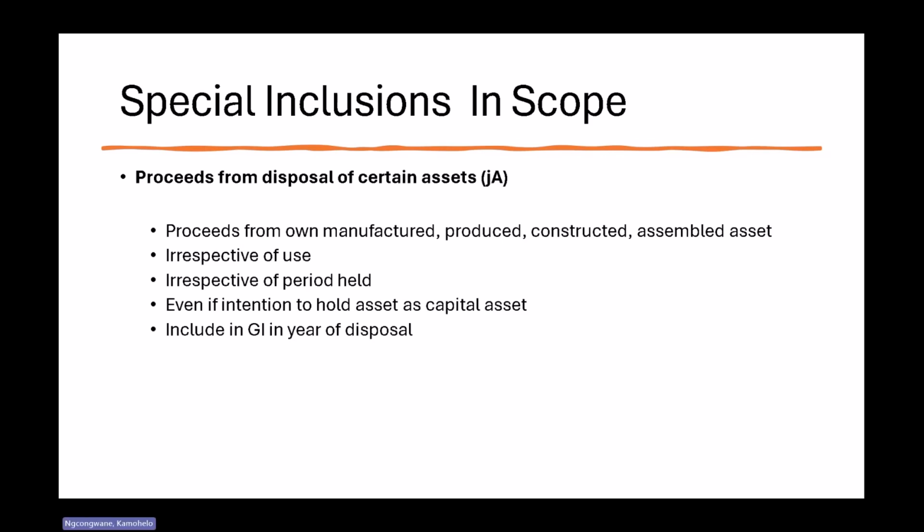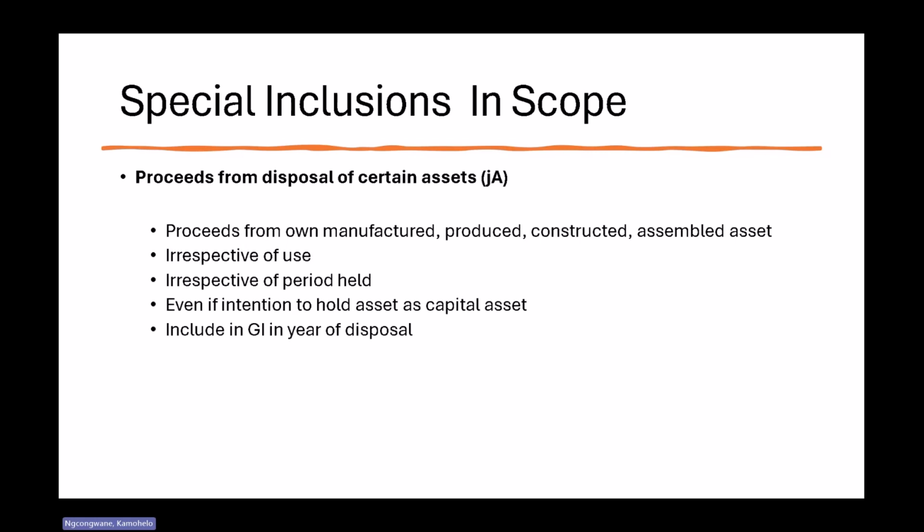So going back to that scenario: I produce a piece of machinery that I use to produce products. I sell those products on the market. Those products are part of my trading stock and go into my gross income. This asset that I've produced, if I go through my gross income definition, I would arrive at the conclusion that my intention in producing it is to use it to produce other items that I can sell.